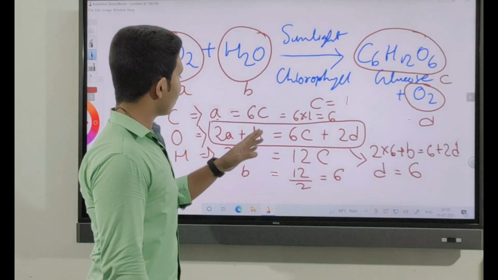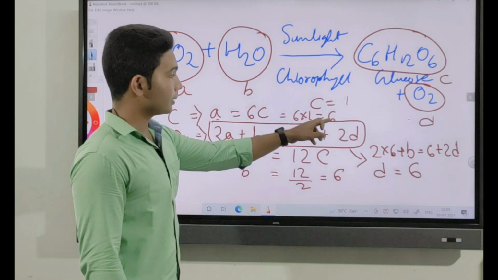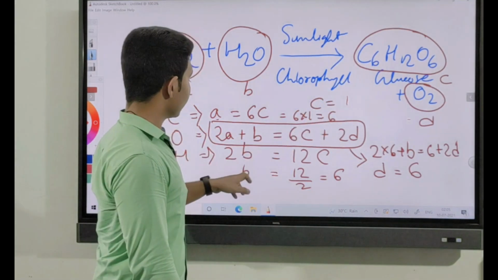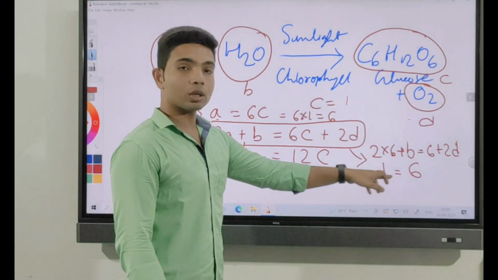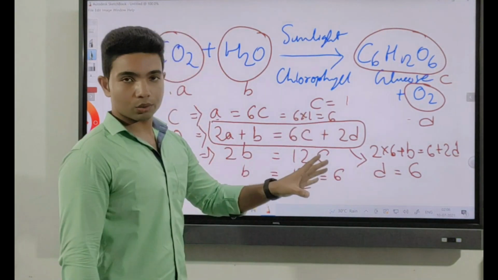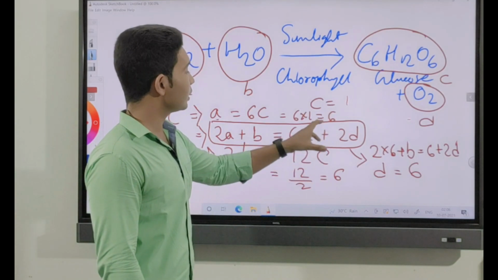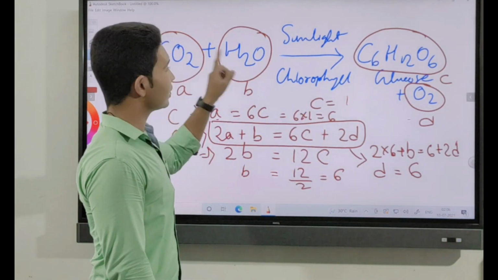So now you have the value of A as 6, C as 1, B as 6 and D also 6. Now what you need to do is simply put these values in their designated places.